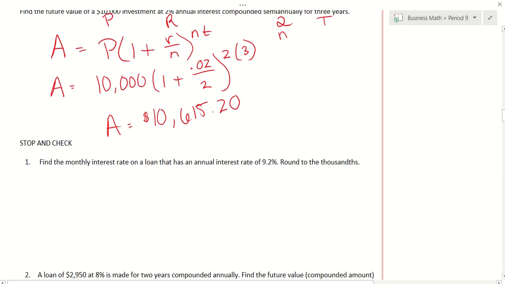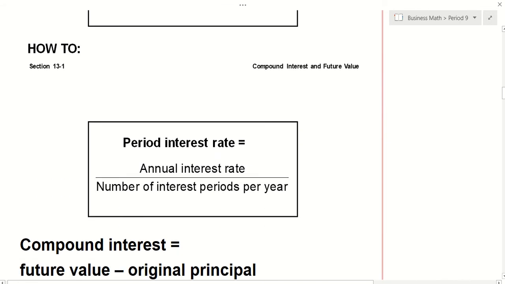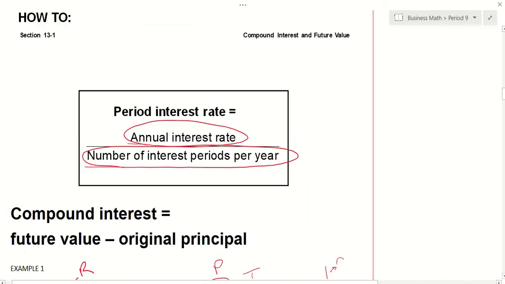Okay, question. Find the monthly interest rate on a loan that has an annual interest rate of 9.2%. So the monthly rate, if we look up above in those formulas in the beginning, you take the annual interest rate and put it over the number of interest periods per year.